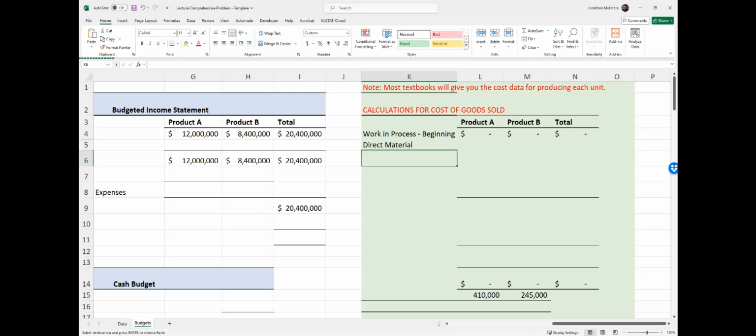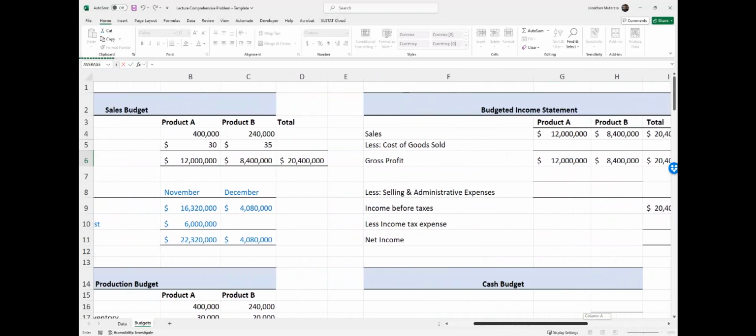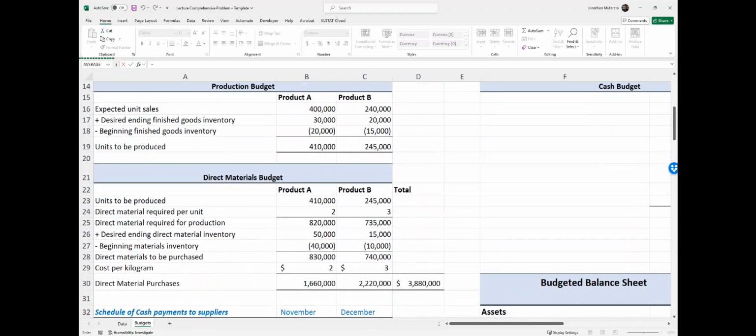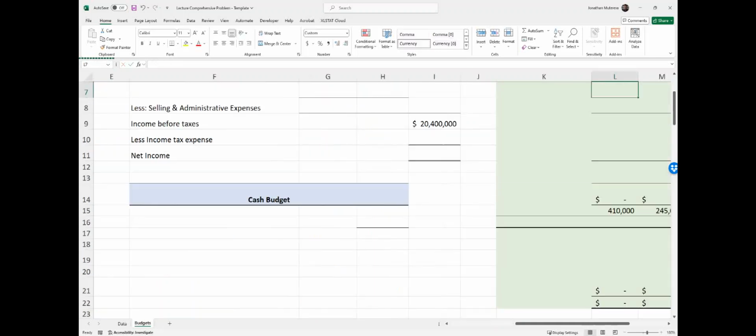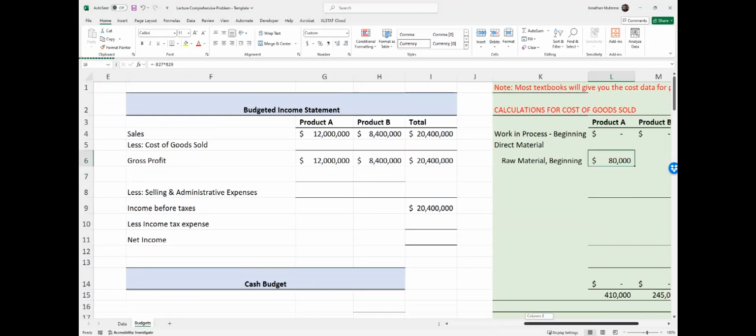Raw materials at the beginning, we know that, so we'll go to our raw materials budget. So I'll come here, go to the raw materials budget. The raw materials at the beginning was 40,000 units, each costing 2, so 80,000.